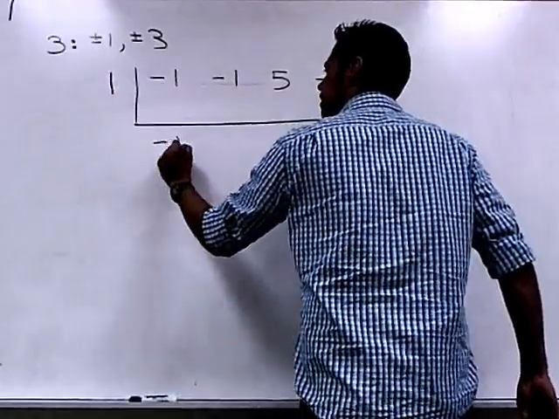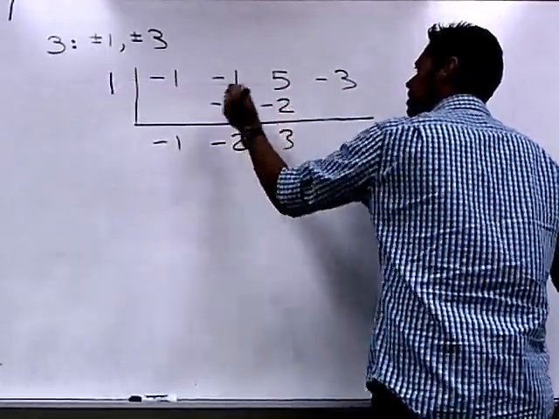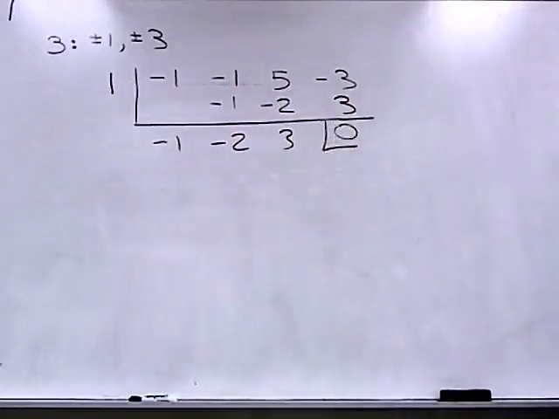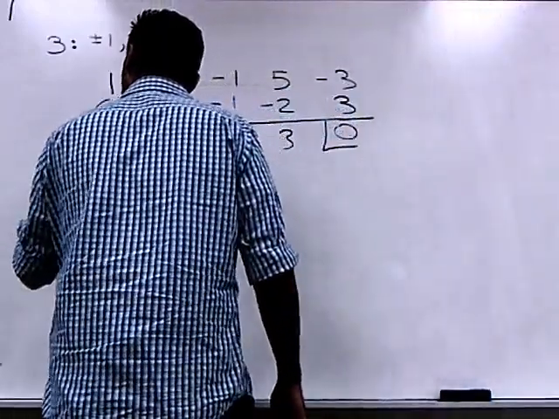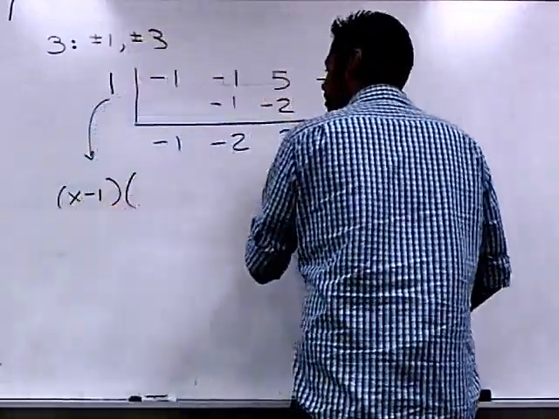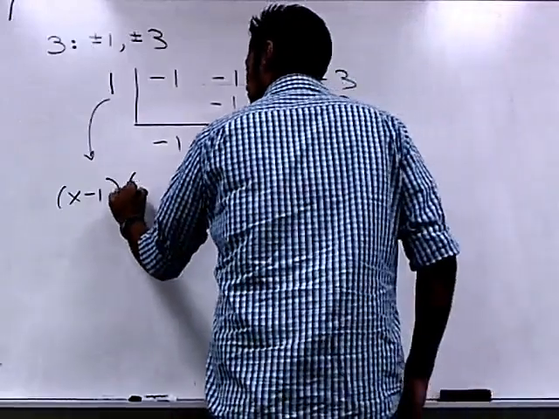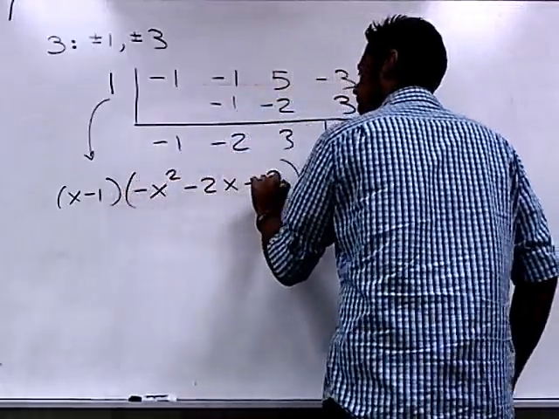Bring -1 down. -1, -2, -2, 3. That worked? Yes. So this tells me that I can break this down to be x minus 1, and then these 3 numbers give me what's left, right? And so it should be -x squared minus 2x plus 3.